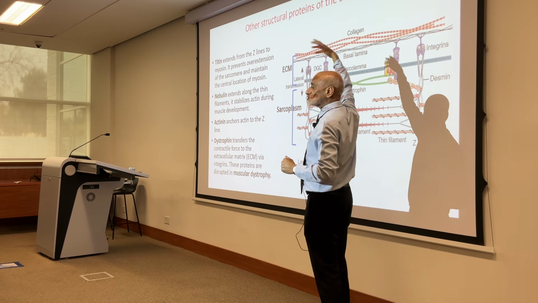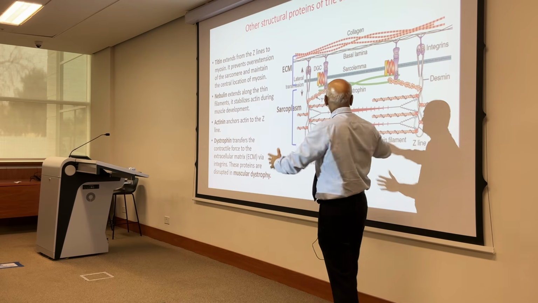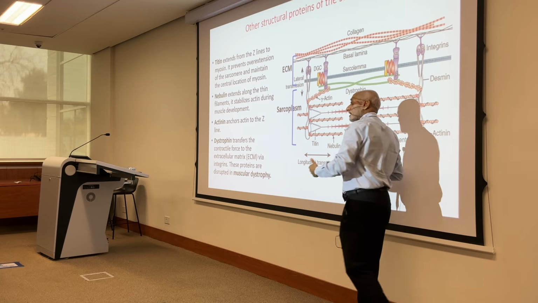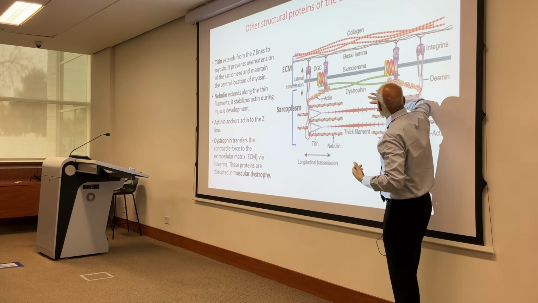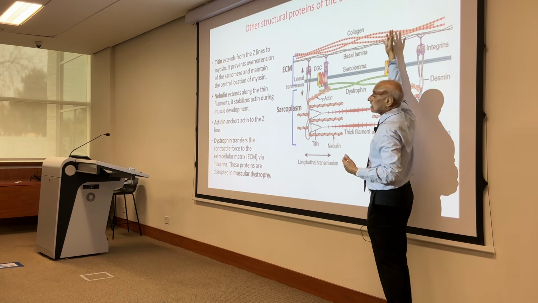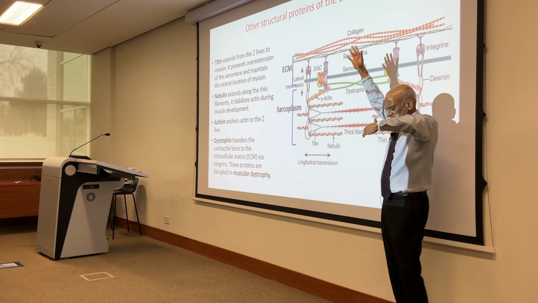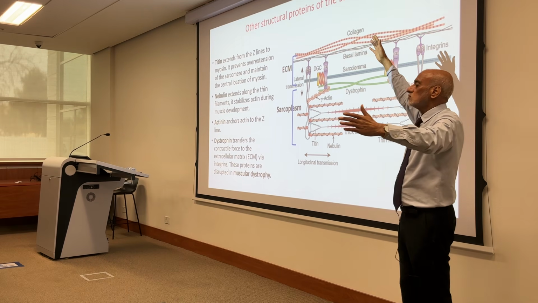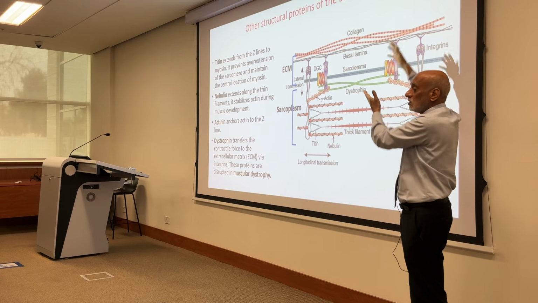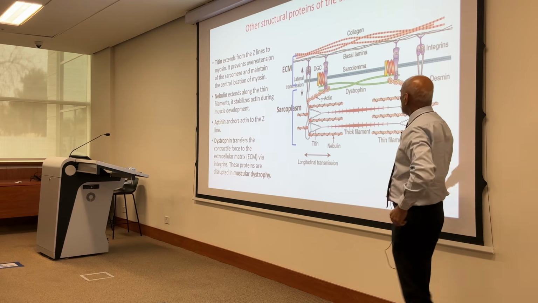There's nothing on the outside that's contracting and relaxing. This thing is contracting and relaxing. Are we okay? So we need to transfer this force to the outside, to that collagen and the fibroblast and the dense connective tissue and so on. Who does that? Dystrophin.